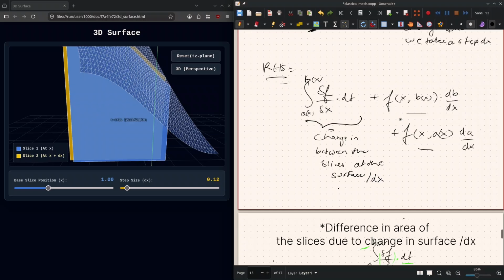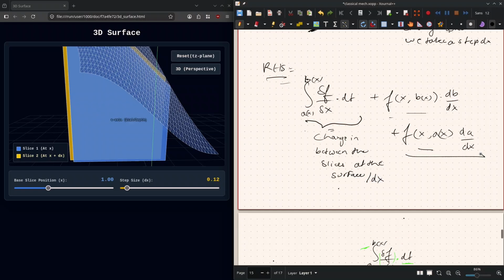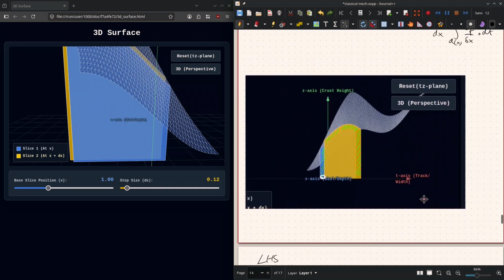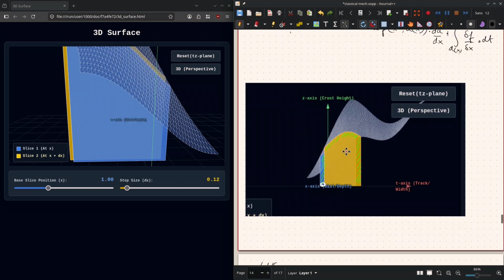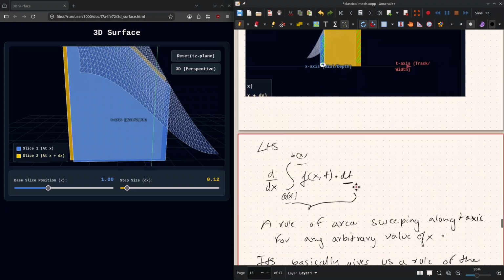And these two terms give the change in area at the edges per dx. So that's how the LHS is equal to the RHS.